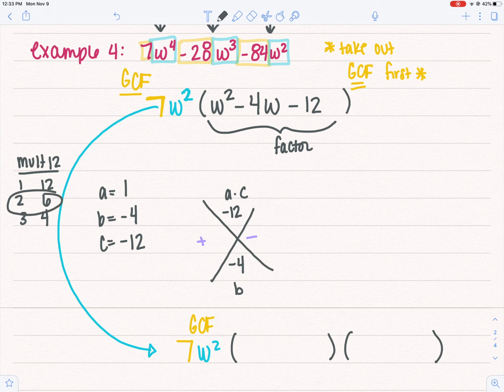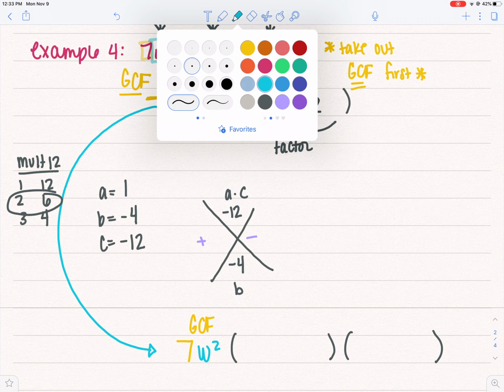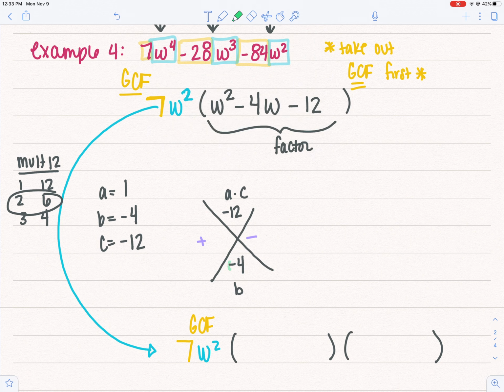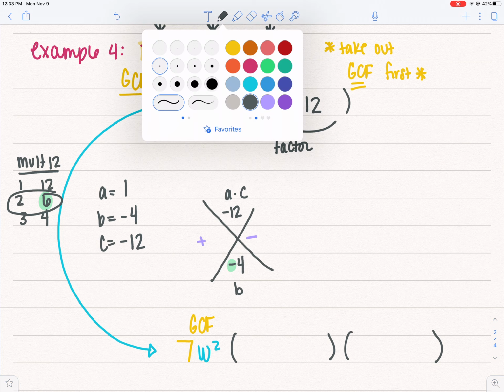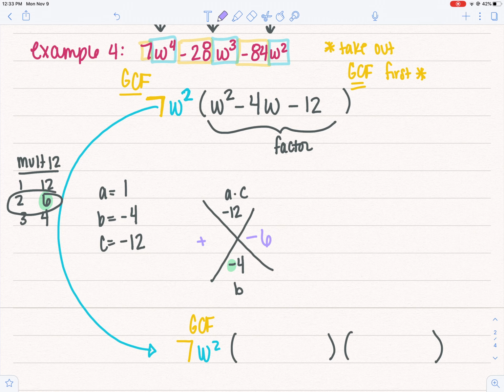Well, 2 and 6. Of course, now I have to figure out which one's going to be positive and which one's going to be negative. We wrote down earlier that the bigger number was going to take the same sign as B. And so in this case, 6 is going to match the sign of B. So I'm going to have negative 6, positive 2. Make sure you check that. 2 times negative 6 gives me negative 12. 2 plus negative 6 gives me negative 4. And so I'm good there.